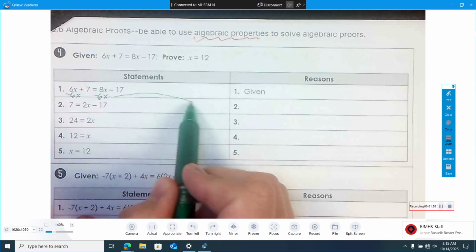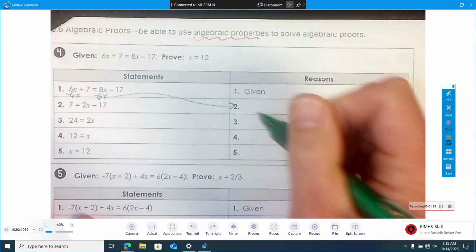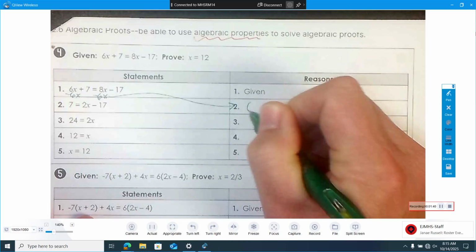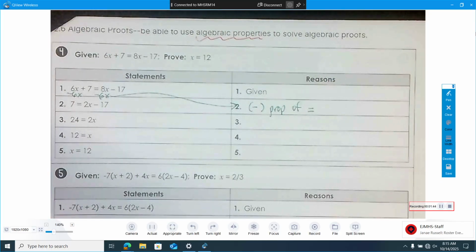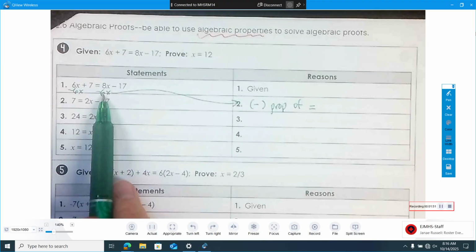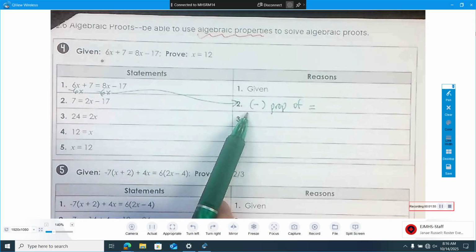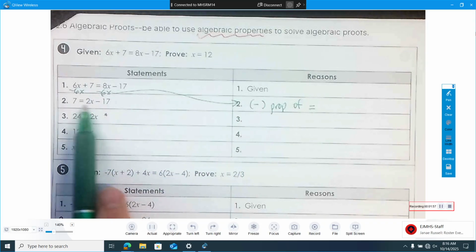So that intermediate step is my reason: we are using the subtraction property of equality. And you can totally abbreviate like I just did, subtraction property of equality. And maybe this is helpful, I think it is, to write in that intermediate step and say, oh, we were subtracting 6x from both sides. So that's how we arrived at this conclusion.